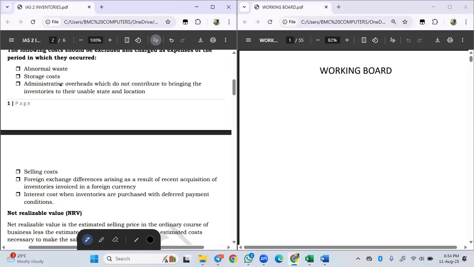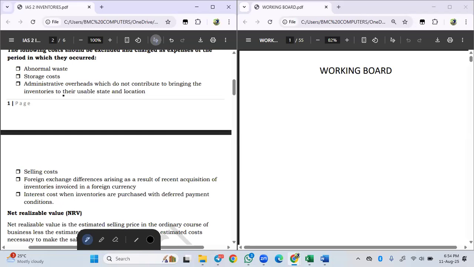But when you have the storage cost for raw materials and also work in progress, their storage costs are included in determining the cost of inventory. But if the storage cost was incurred as a result of finished goods, then that one will be excluded because that one will be expensed.